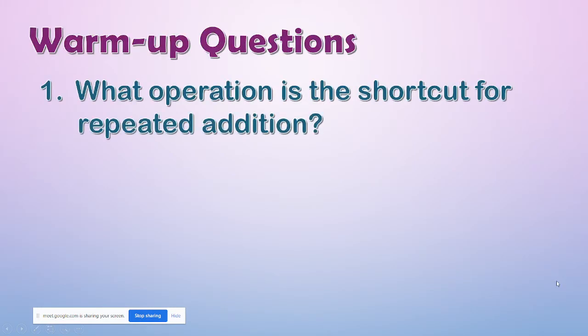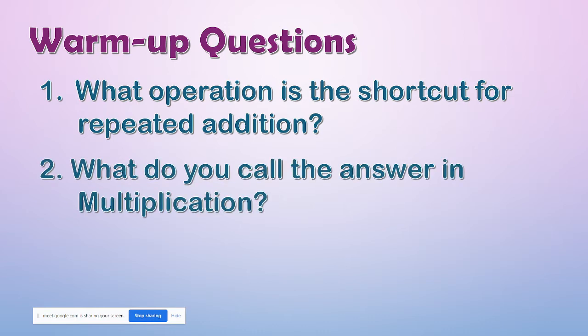Instead of adding repeatedly, what is the shortcut, to make it easier and faster? Multiplication. Multiplication is the shortcut of addition. Instead of saying 2 plus 2 plus 2 plus 2 plus 2, you can just say 2 times 5.